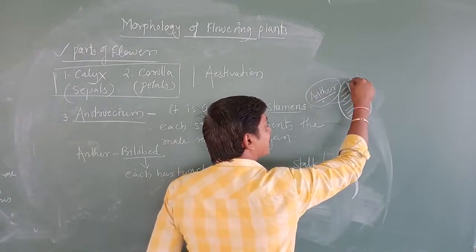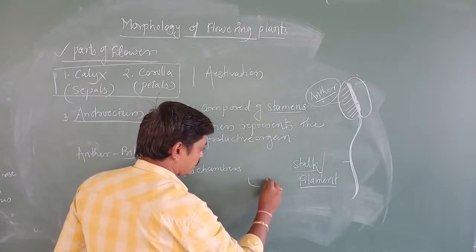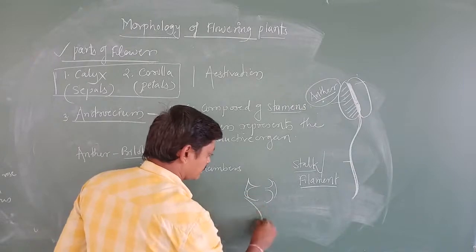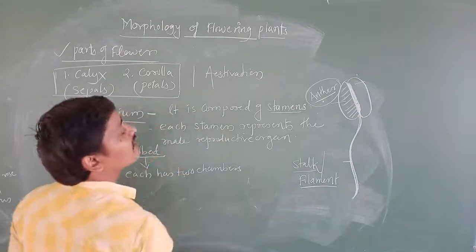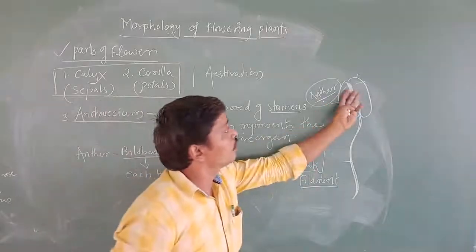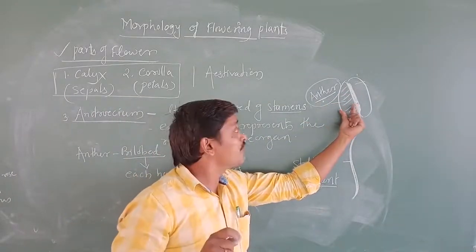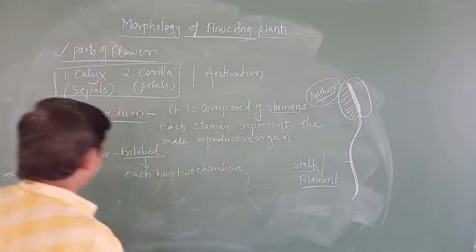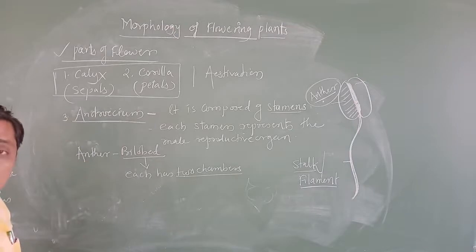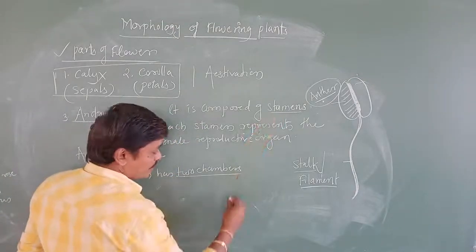When we take a section of this bilobed anther, in each lobe you will find two chambers.